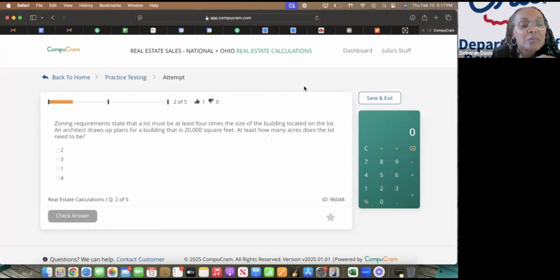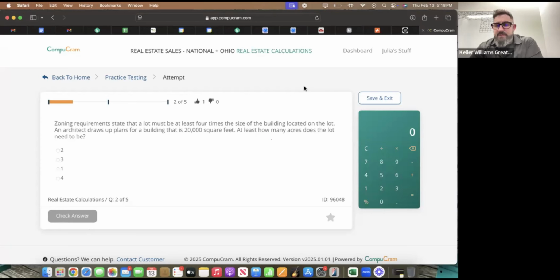The land that's zoned says that the lot the building goes on has to be 4 times the size of the building. So 4 times 20,000 square feet. Exactly. So that means the lot has to be 80,000 square feet. So that means at least how many acres does the lot need to be?